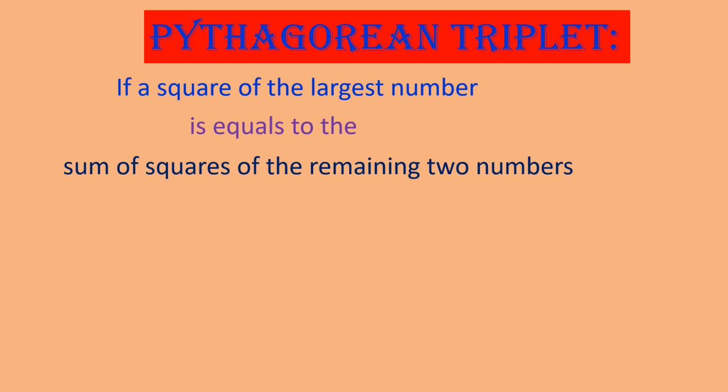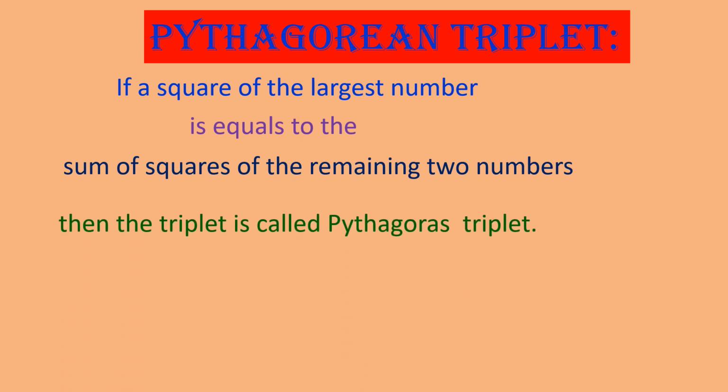We will check whichever is the largest number, square it and keep it separately, and then the other two numbers we square and add them. Then we check whether the sum of the squares of the remaining two numbers equals the square of the largest number. Then we can say that the given numbers are a Pythagorean triplet.